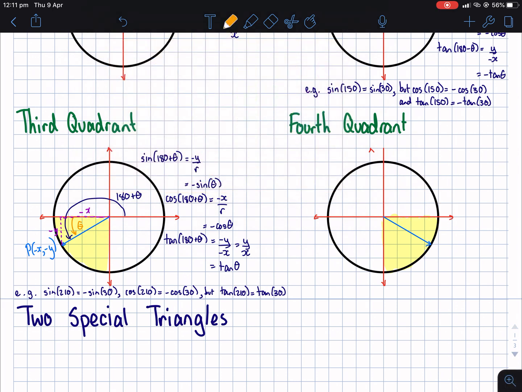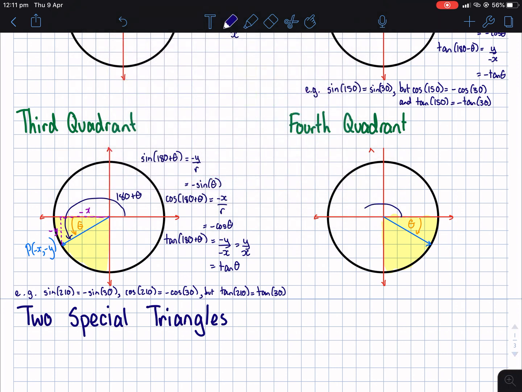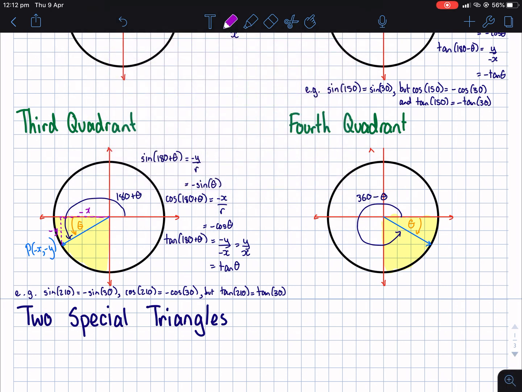My angle just so happens to be theta down from 360, which means my angle is actually 360 minus theta, which means my x is now positive x, my y is negative y, and the point that I'm ending up at is P, positive x, negative y.